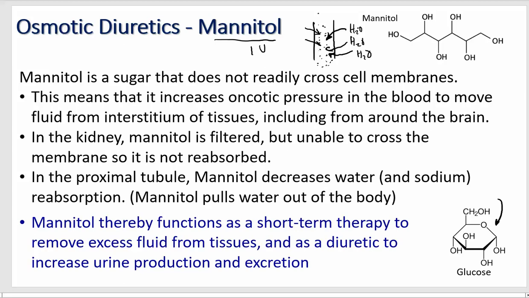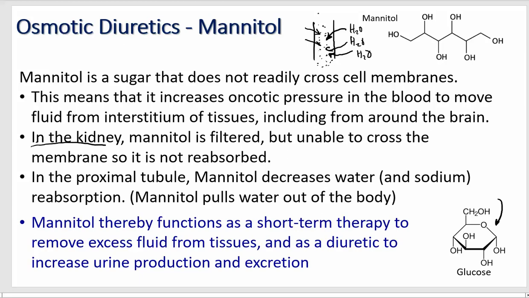And this is a lot of times how mannitol is used: if there's swelling in the brain, fluid collecting in the brain, then mannitol can be injected. It will move that fluid from around the brain tissue into the vessel, and then the same thing happens in the kidney.